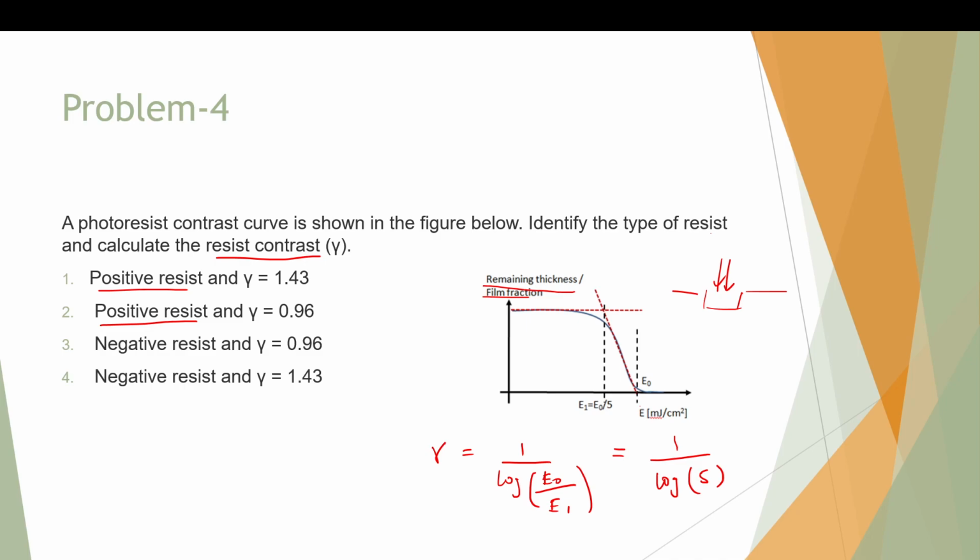Yeah, it's correct. So this is the correct answer. If you just calculate this, this is log to the base 10, you will get 1.43. So this is just formula application.